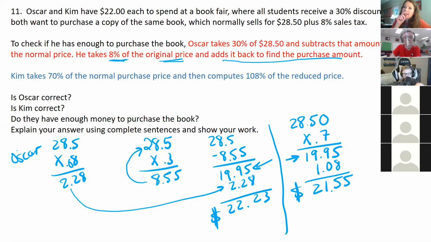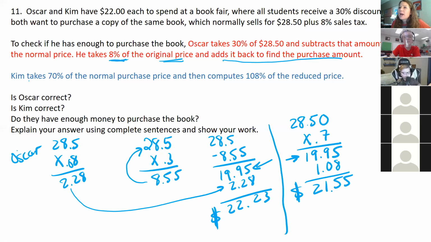So let's say you have a 50% coupon and then a 20% coupon. Well, if you use both of them, you are not getting 70% off. Because what they'll do is take 50% off first, and then they find 30% of that reduced price and take it away, which would be less than 70%. Does that make sense? Okay, yeah.